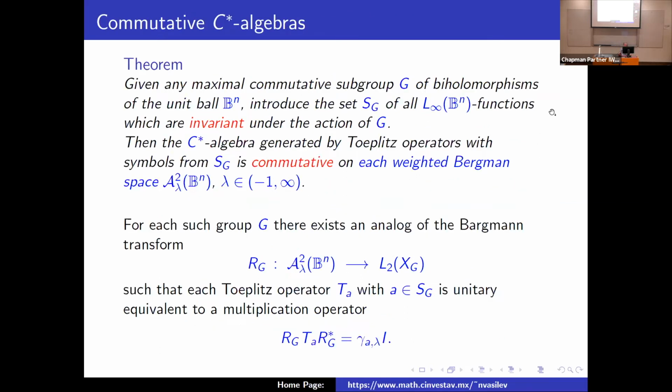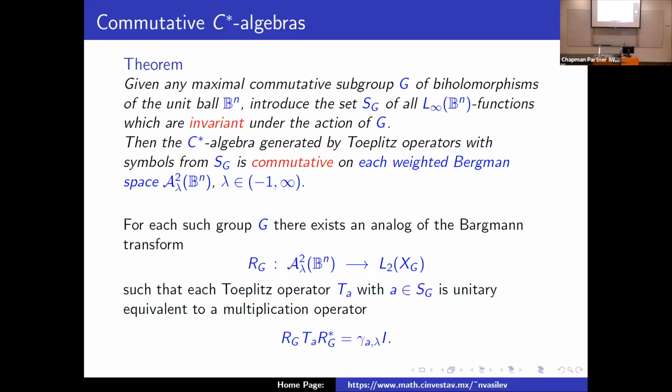And the same theorem follows. Given any maximal commutative subgroup of biholomorphisms of the unit ball, we introduce the set of symbols of L-infinity functions that are invariant under the action of this group. Then the C*-algebra generated by such Toeplitz operators is commutative on each weighted Bergman space for all values of the parameters.